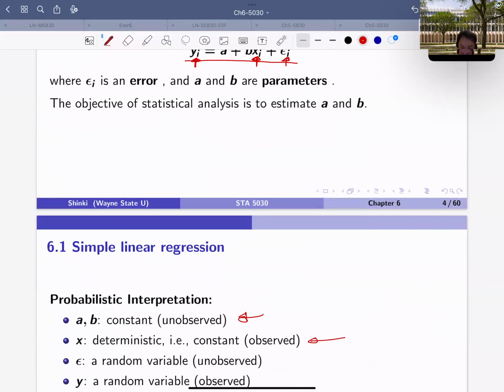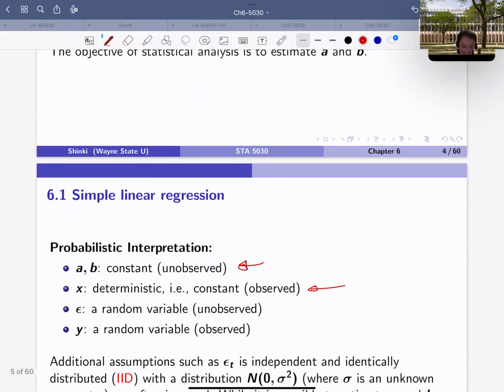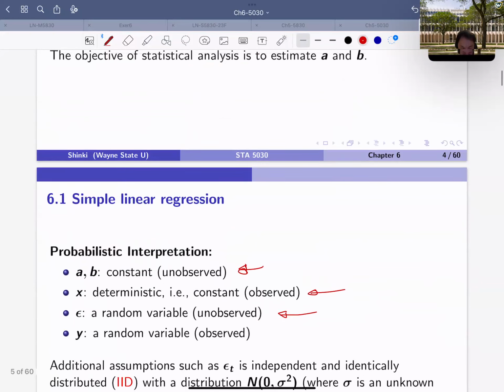In this model, a and b are constants, but we cannot observe them. And x is deterministic, so we consider the calorie intake of the mouse as deterministic. It's also possible that x is random, but at least in this course and in classic statistics, we assume that x is deterministic. And epsilon is random because it is error.